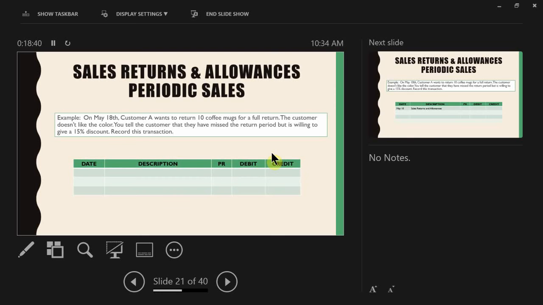Now let's talk about another example when we have an allowance. Because you guys are most likely going to be a small business, a startup company, a mom and pop shop, one thing that you want to do is, because you're such a small business, the amount of customers you're going to be getting is probably not as much as a major, well-known corporation, where it doesn't matter who the customer is.